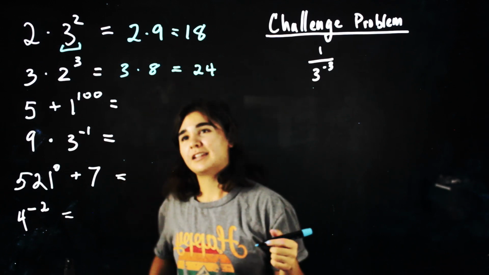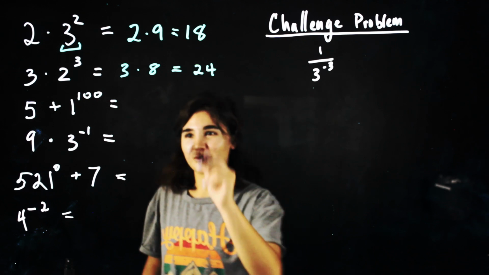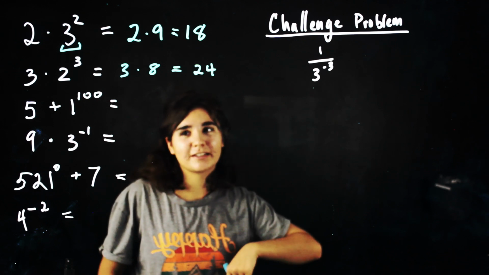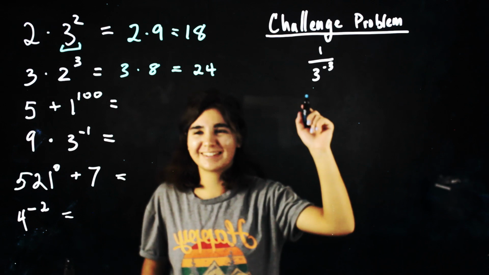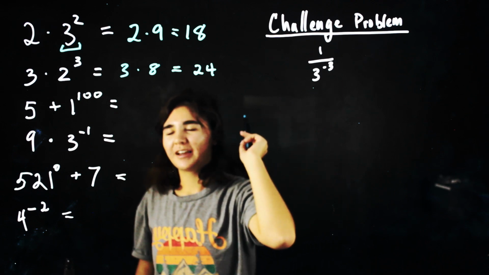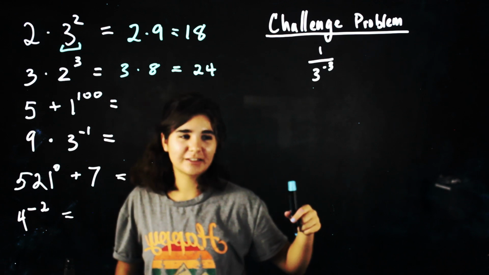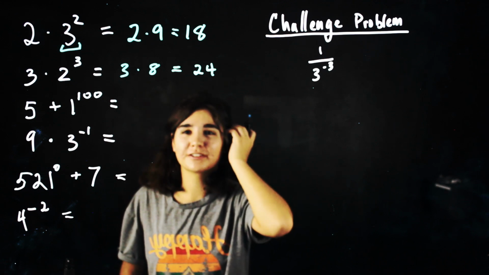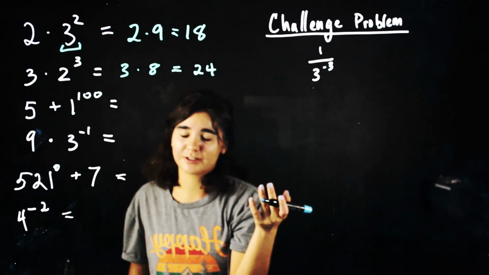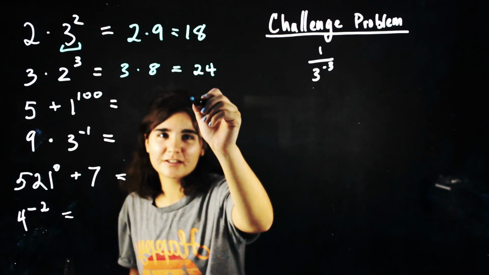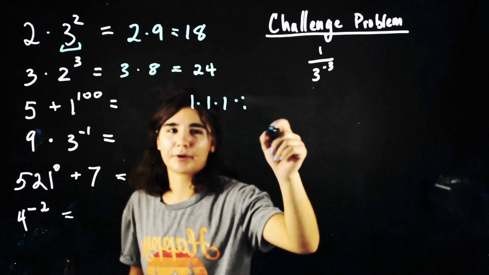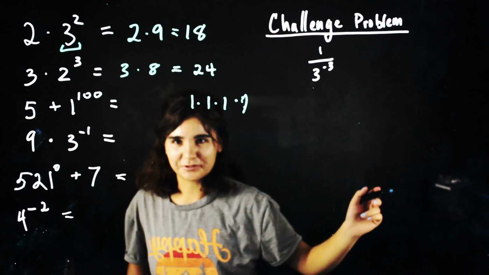Now, this one's kind of funny. So we have 5 plus 1 to the power of 100. If this was 2 to the power of 100, you'd think, oh my god, I don't want to do this. But this is 1 to the power of 100, which is literally just 1 times 1 times 1, until you do that 100 times.